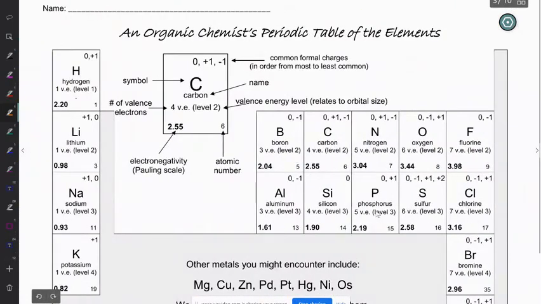So of the elements you're going to encounter in this class, the vast majority of them are nonmetals. So we're going to be focused on that covalent bonding between atoms. Ionic bonding comes up tangentially, just a little bit here and there, but mostly we're focused on covalent bonding.